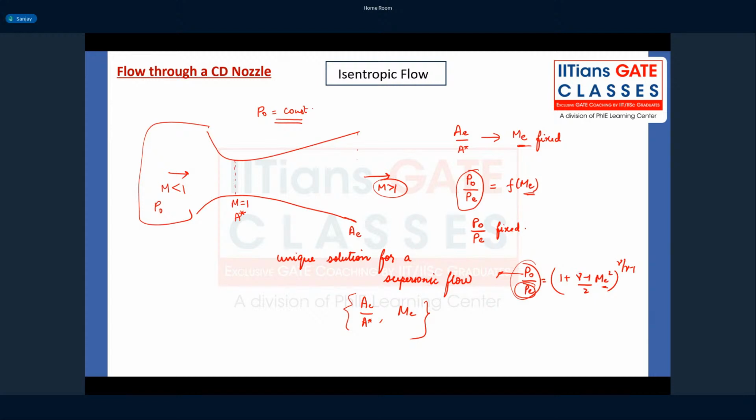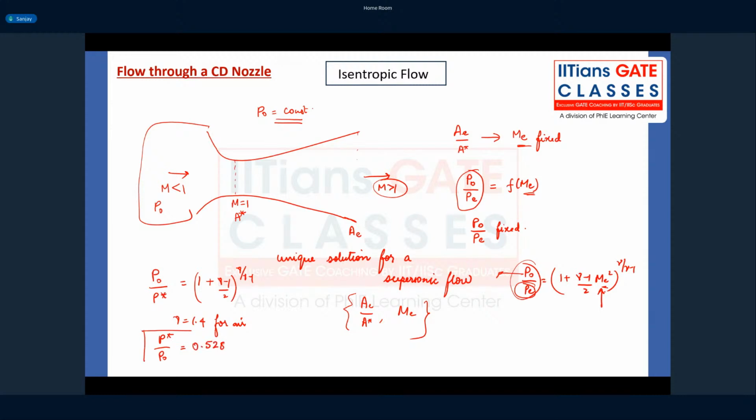So if my throat is choked, then my P naught by P star is going to be some value, which you get by putting Mach number equal to 1. It is going to give you 1 plus (gamma minus 1) by 2, power gamma by gamma minus 1. You can take gamma equal to 1.4 for air. You will get P star by P naught equal to 0.528.